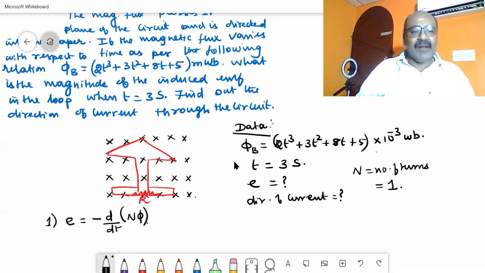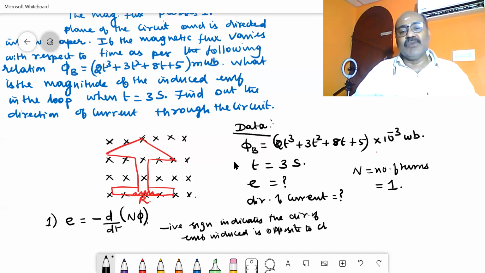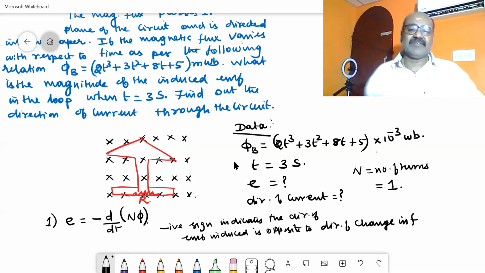The negative sign indicates the direction of the EMF induced. The direction of the induced EMF is opposite to the direction of change in flux.